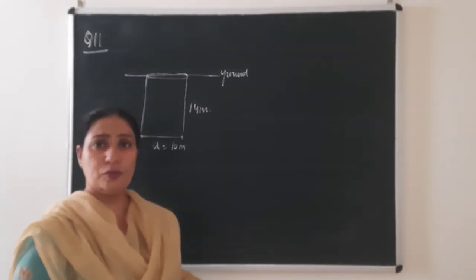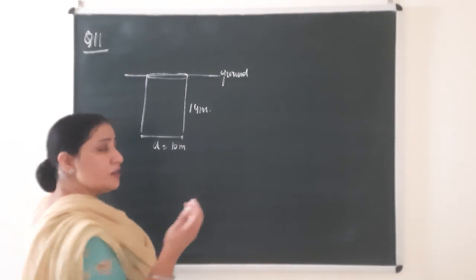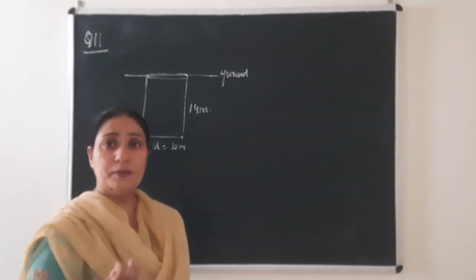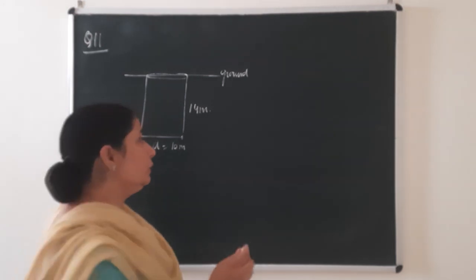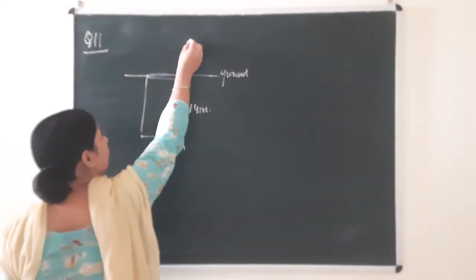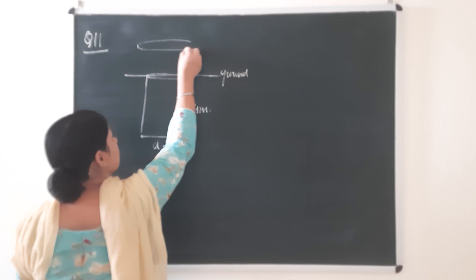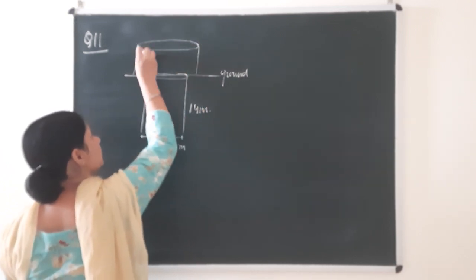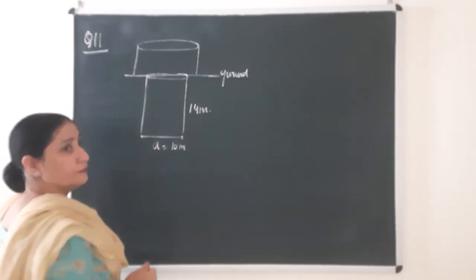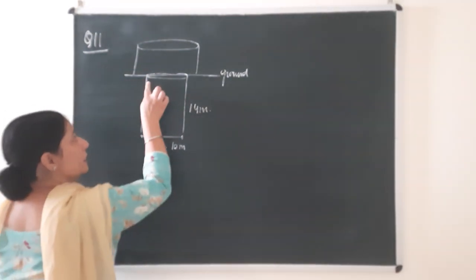Most of you must have seen the models of the well in a Haveli and all, right? What do they do? Above the well, there is a structure like this formed, which you can see from the outside.